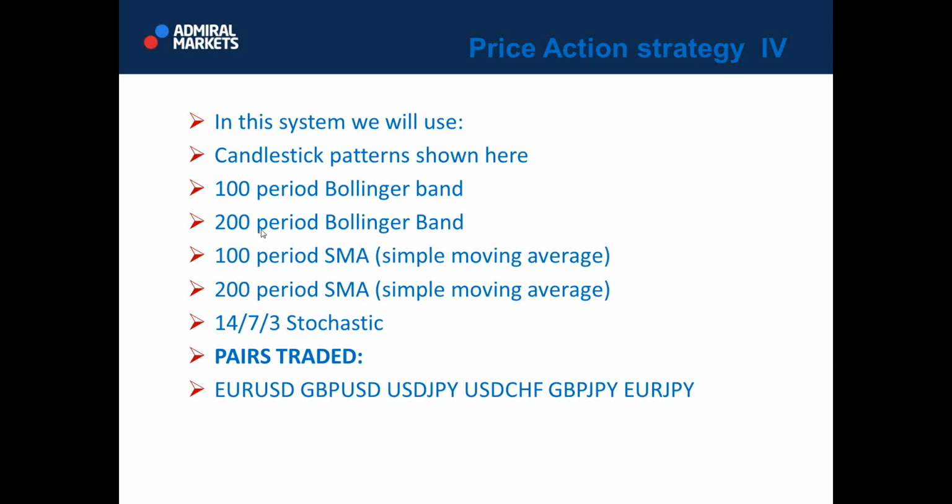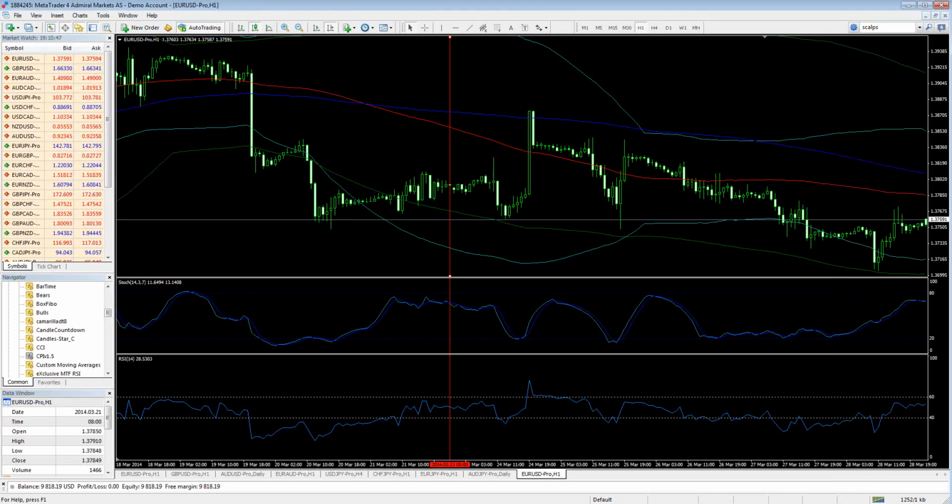The second part is a 200 period Bollinger Band. Then you need to put a 100 period SMA, simple moving average. Then a 200 period SMA, simple moving average. Then stochastic 14, 7, 3, or if you know that already, it's usually called 14, 3, 7 on our MT4.